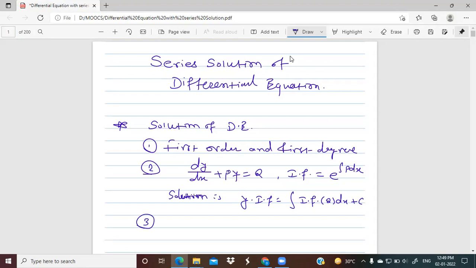After this, we know higher order linear differential equations.